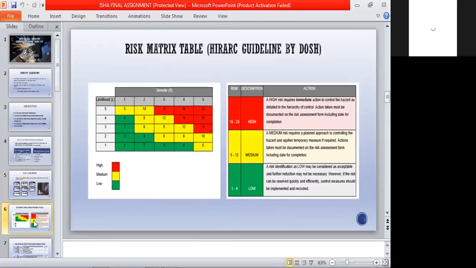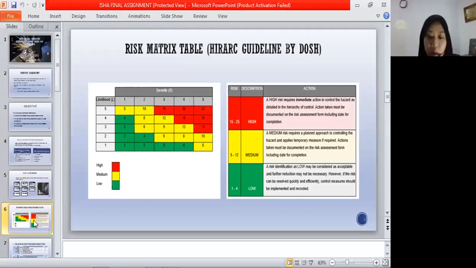So the risk matrix table is a result of the types of risk that workers face at the workplace. The function of the risk matrix is to determine the risk level towards workers while doing their tasks at the workplace. The risk level can be identified by the severity level and likelihood level. If the number is high, it means it is more dangerous to workers at the workplace.